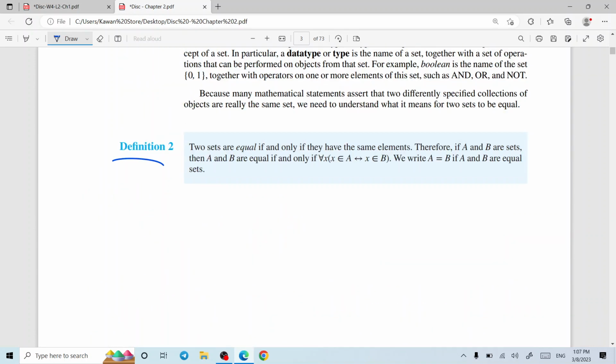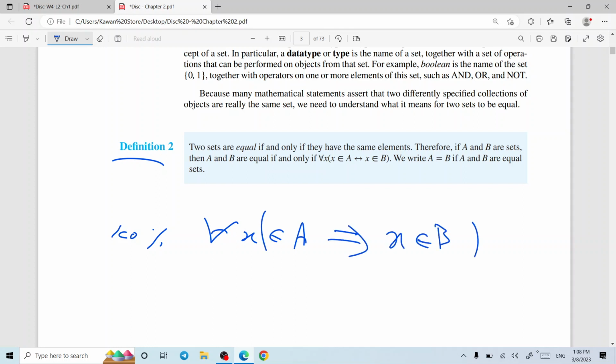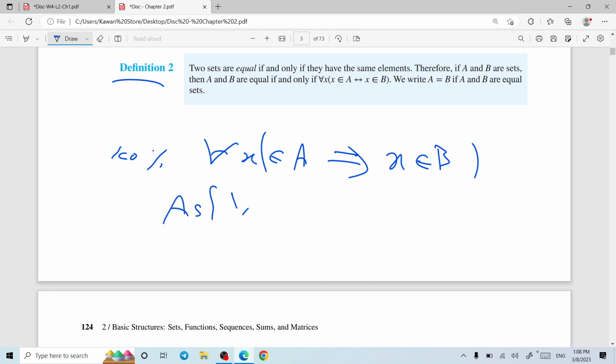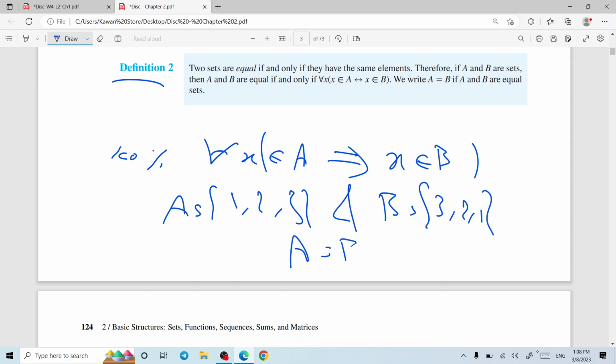When we say two sets are equal, it means that 100% of the elements of A are in B. For example, if A is equal to 1, 2, 3 and B equal to 3, 2, 1, if I want to compare whether A equals B or not, I say yes, 100% they are equal. Why? Because 1 is here, 1 is here, 2, 2, 3, 3. Understood?